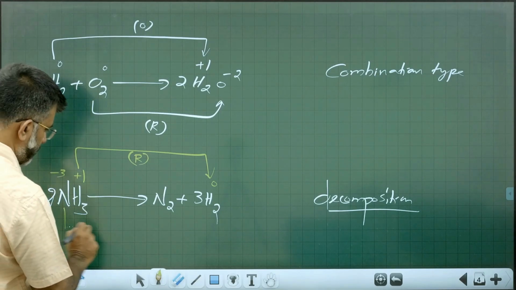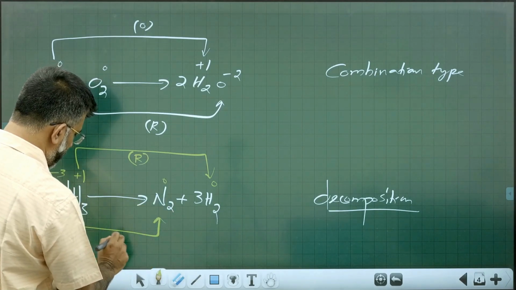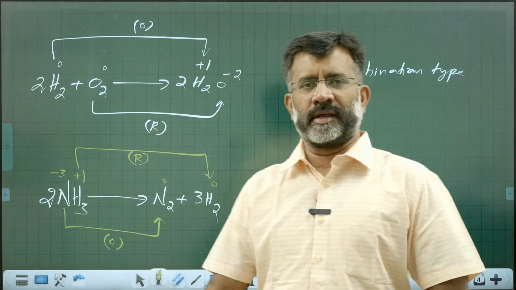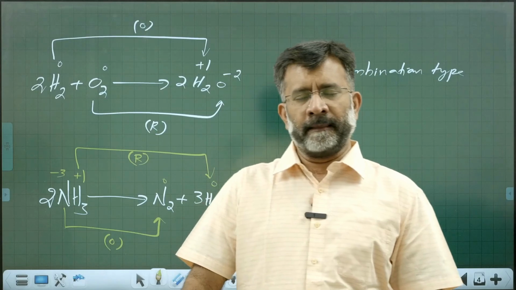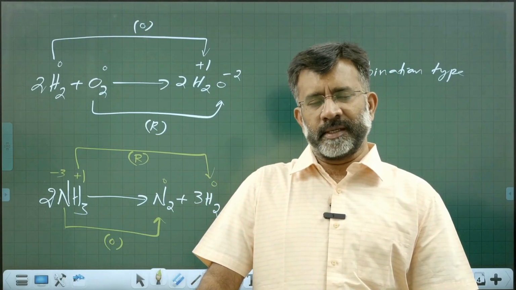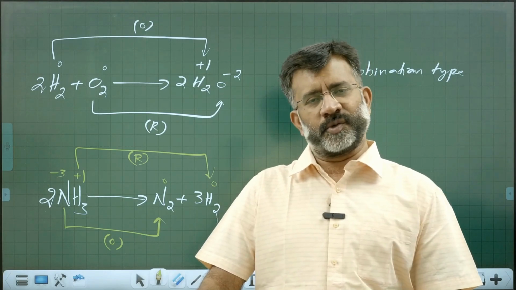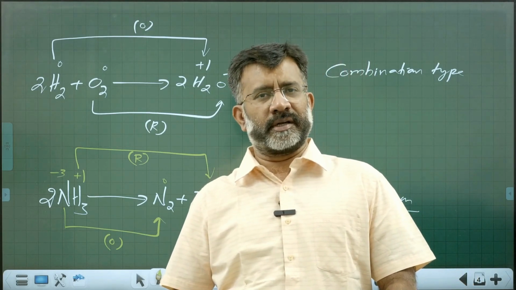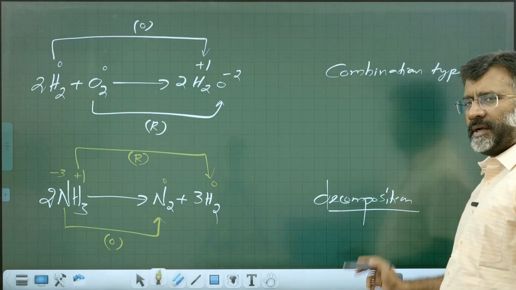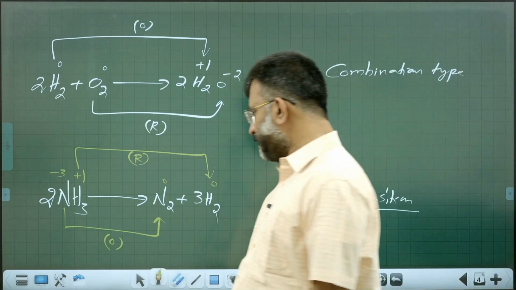Nitrogen -3 is converted to 0, that is an oxidation reaction. From ammonia, nitrogen is oxidized to elementary nitrogen and hydrogen is reduced to H2 gas. So a redox reaction may be combination type or decomposition type.